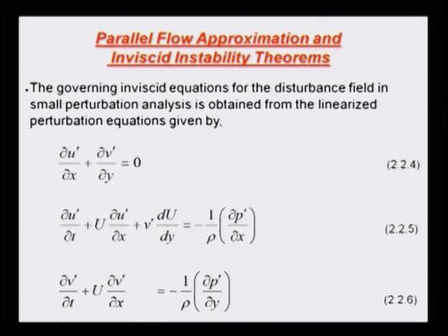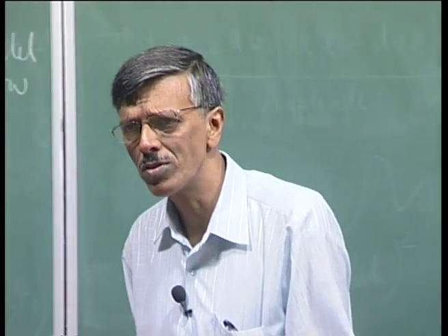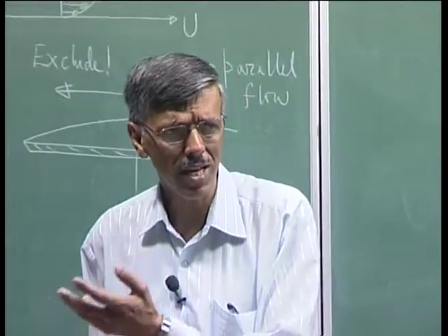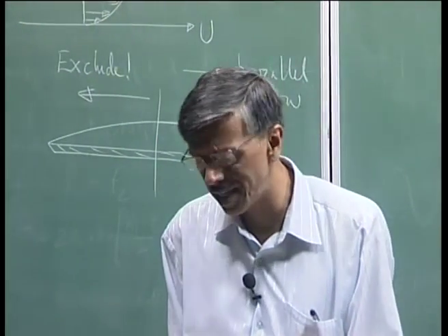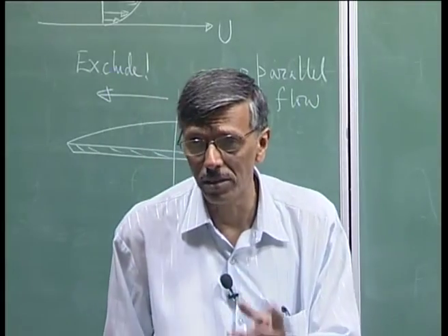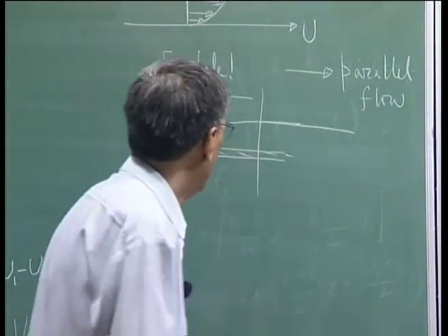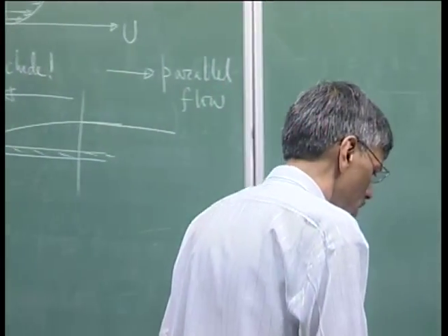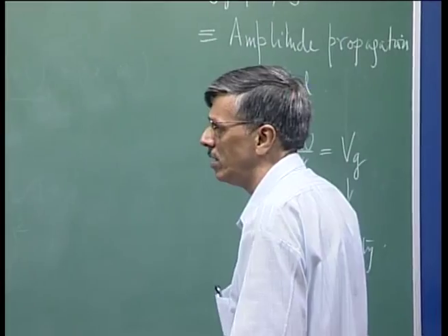We have taken the Navier-Stokes equation, and then we use that splitting that we have shown. What was the splitting? A mean part plus a small perturbation part. That small perturbation was given in terms of that epsilon. Epsilon parameterizes the smallness of the disturbance field. So let's go ahead and see what we get.